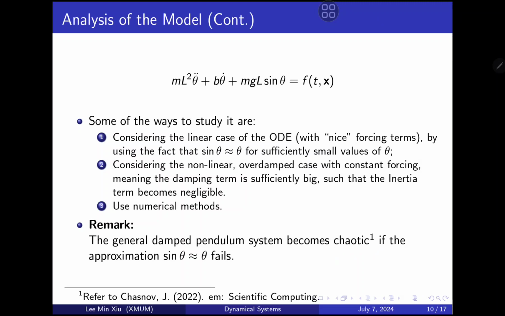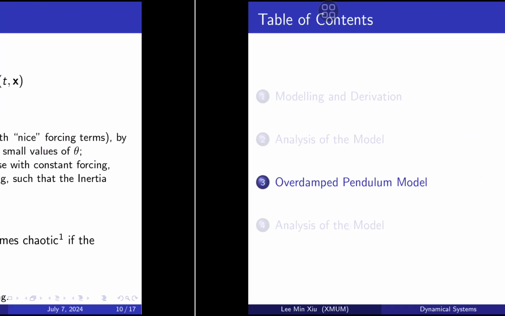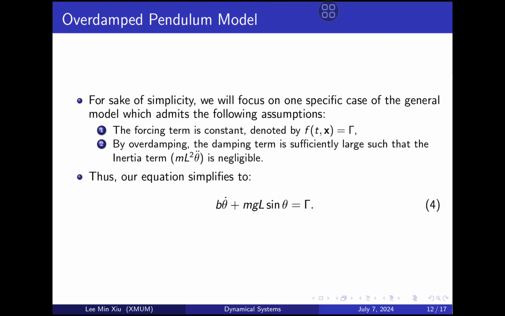It's basically like there is a bifurcation from non-chaos to chaos, I guess, and you can find that in the footnote here. But anyways, okay, now let's go to our main focus of the talk.